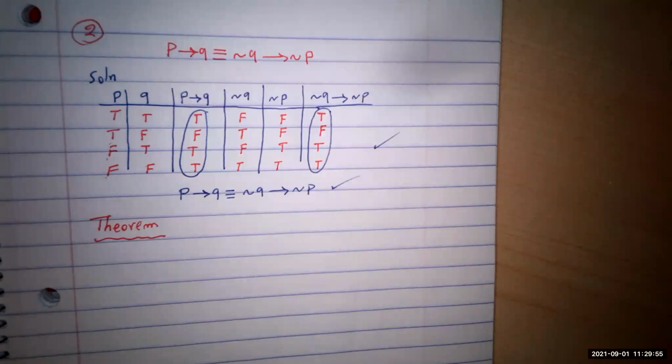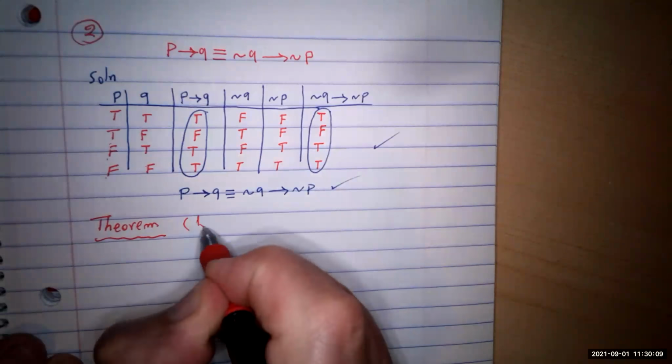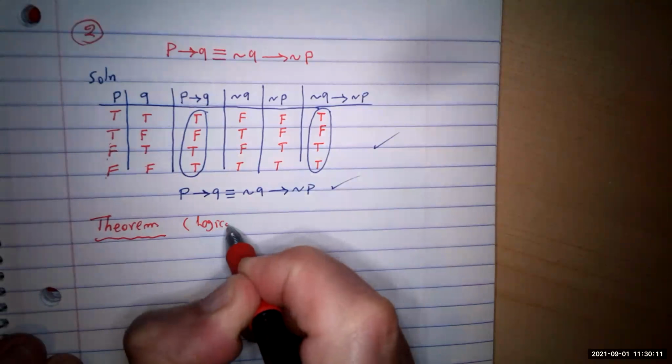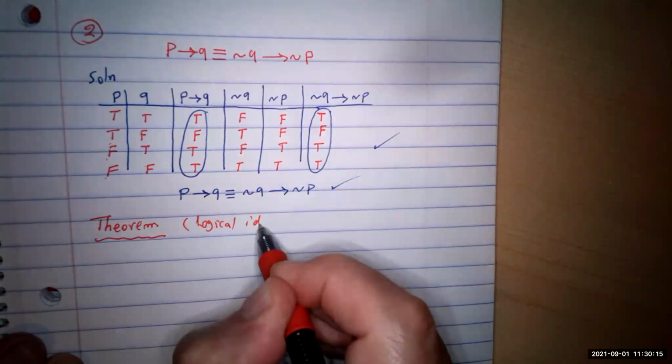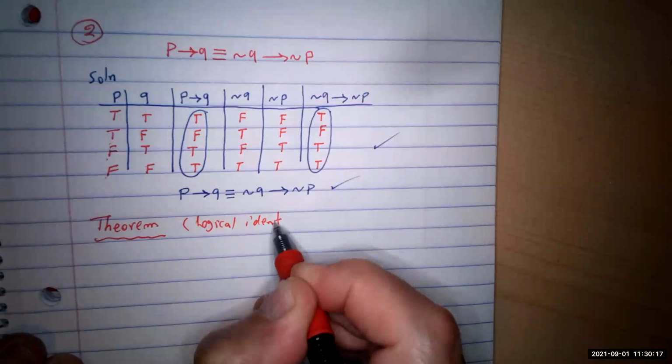So addition and multiplication have some properties like commutative, associative, distributive. So it's going to be the same thing for this type of idea of the propositions. We call them logical identities. Okay, that's it.